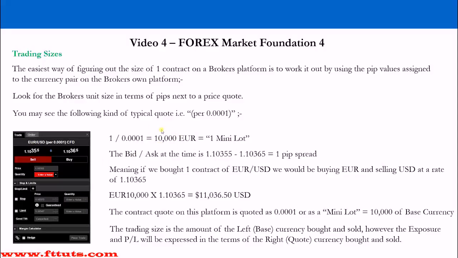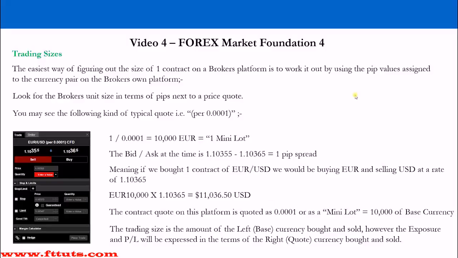And we know that 10,000 in the base currency is equal to 1 mini lot. The bid ask at the time in this situation was 1.10355 to 1.10365. So we basically have a 1 pip spread, and we're selling at this price and buying at this price. This is the quote.